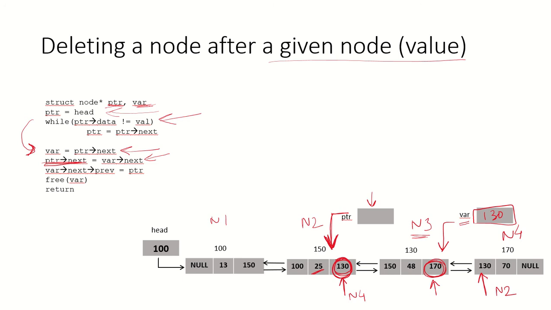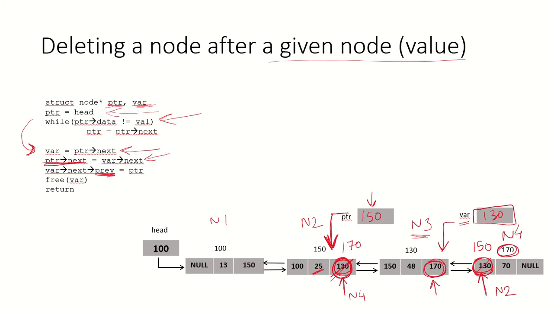Also var arrow next, that means this node, and the previous of that, that means this value over here, will be equal to PTR, because PTR is holding the address of node 2. So we have made changes over here, and we have made changes over here also. So node 2 is pointing to node 4 and previous of node 4 is pointing to node 2.